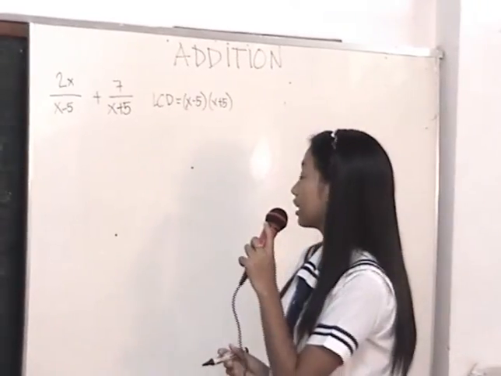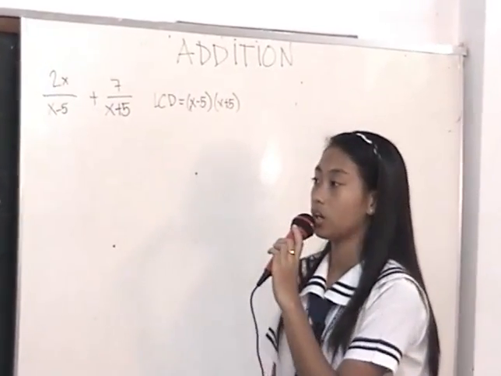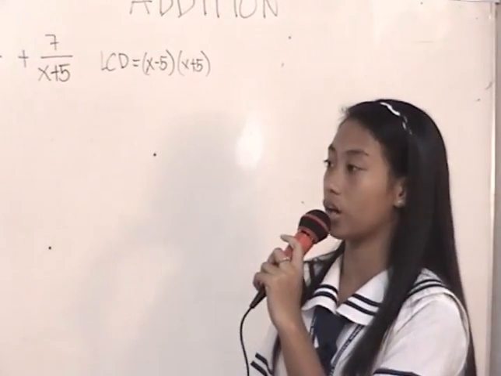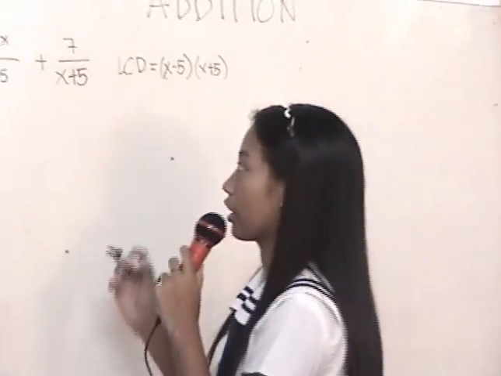Then, in adding rational expressions, we need to multiply both numerator and denominator by the least common denominator.